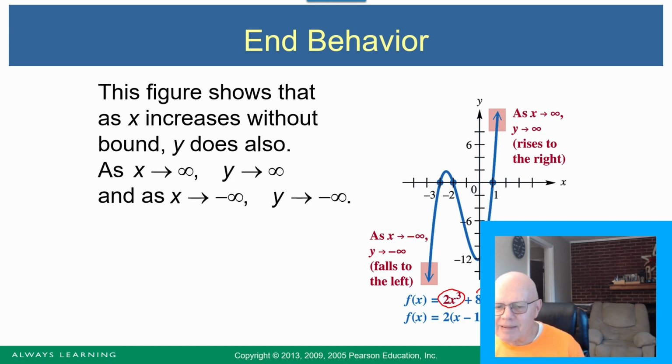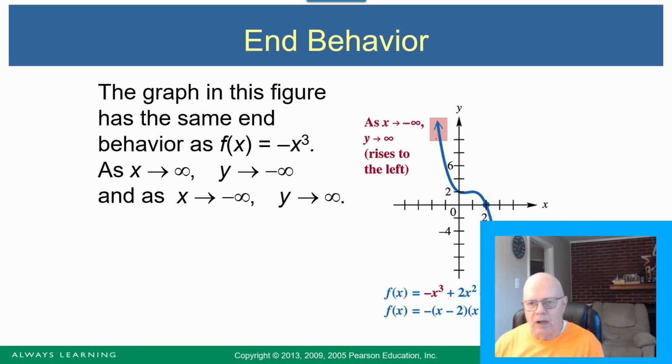Since it's positive, it's going to be up on the right, down on the left. If this were a minus x cubed, then it would be down on the right and up on the left, just the opposite, like that, because we have a minus x cubed here. So it just swaps it right to left.